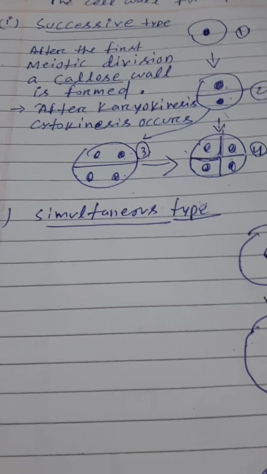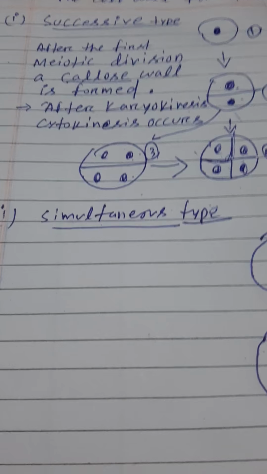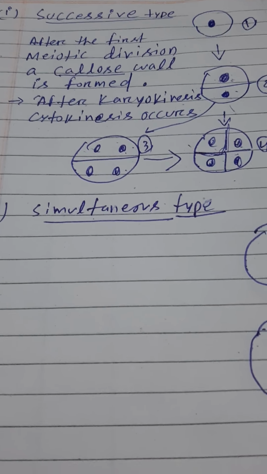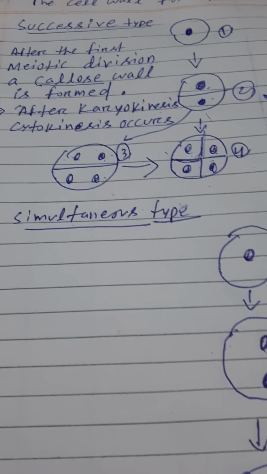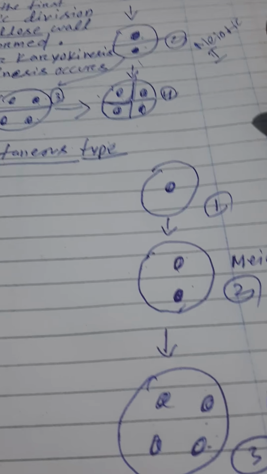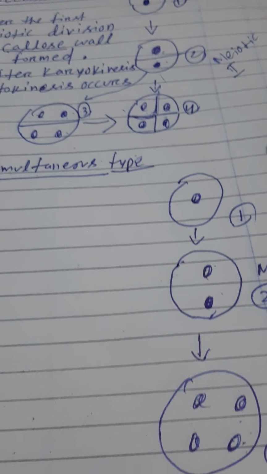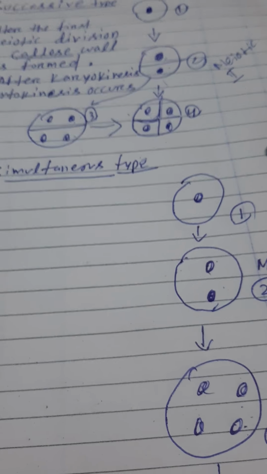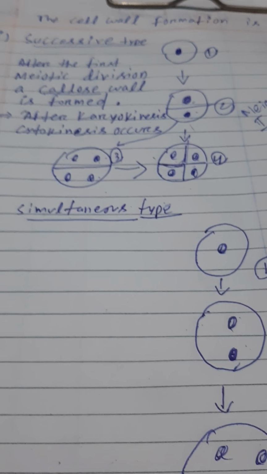You should remember that callase enzyme is generally secreted by the tapetum. So now you know another function of the tapetum: it secretes callase enzyme, which dissolves the callose wall whenever the microspore tetrad is formed, and after that the microspores are separated to form 4 microspores. So these are the different types of microsporogenesis according to cell wall formation.